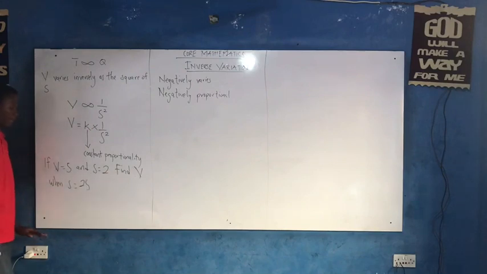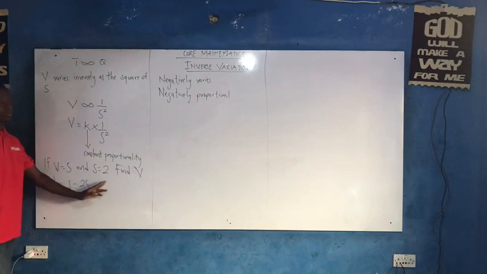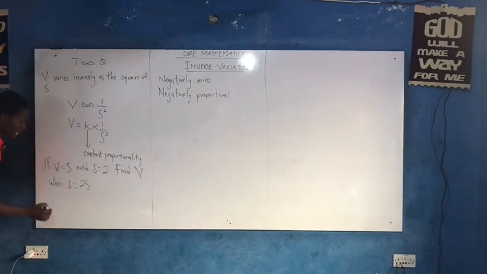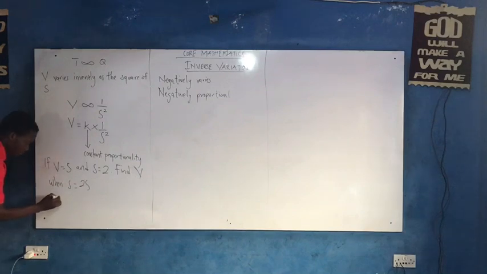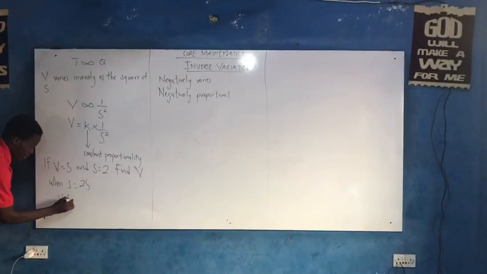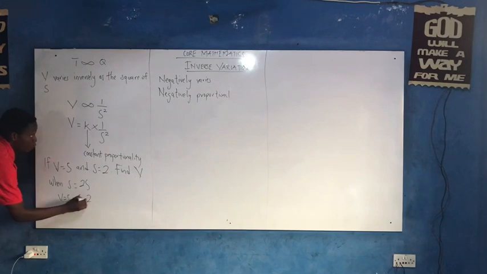This is the type of question. So we have V and S being given to us, and we just want to substitute into the equation. So V equals 5, S equals 2. We are substituting it into the formula.